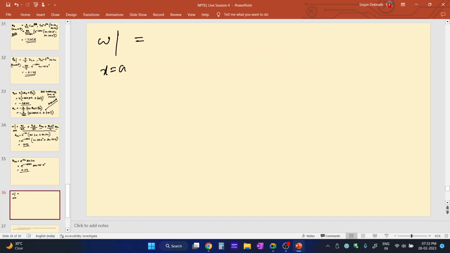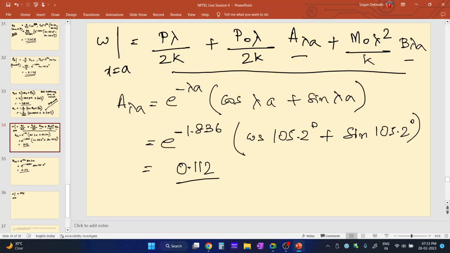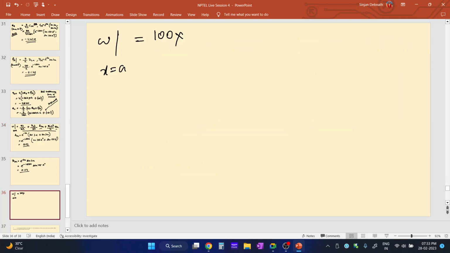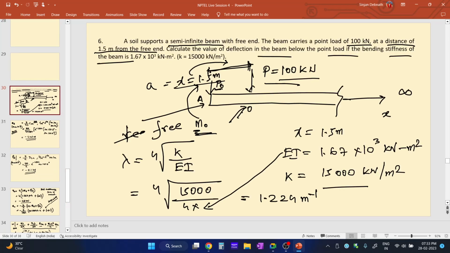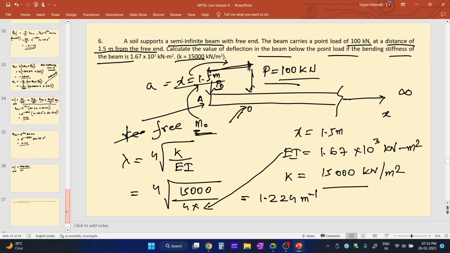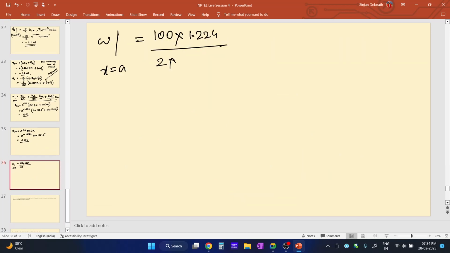So P is 100, lambda is 1.224, by 2k. What is k? The k is given here in the question. That is the subgrade modulus into breadth. Directly it is given 15,000. So k means 15,000.